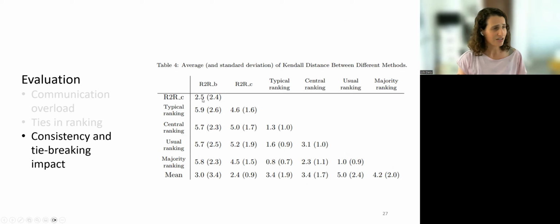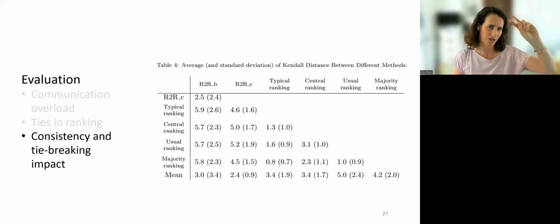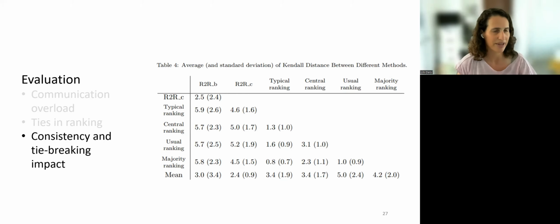And what you can see here is that in 2.5% of the cases, and here is the standard deviation, so this is on average in 2.5% of the cases, we have a different ranking for R2RB than for R2RC. The ranking is different in one of the places.